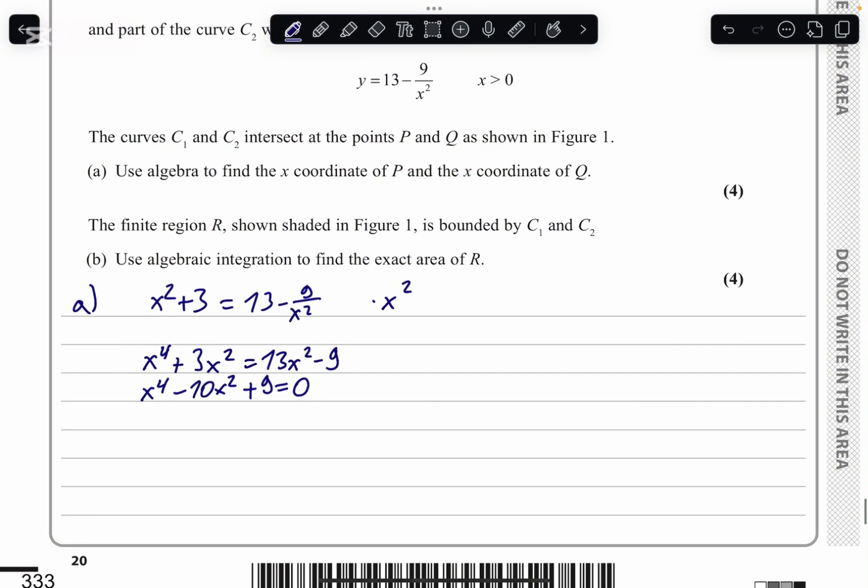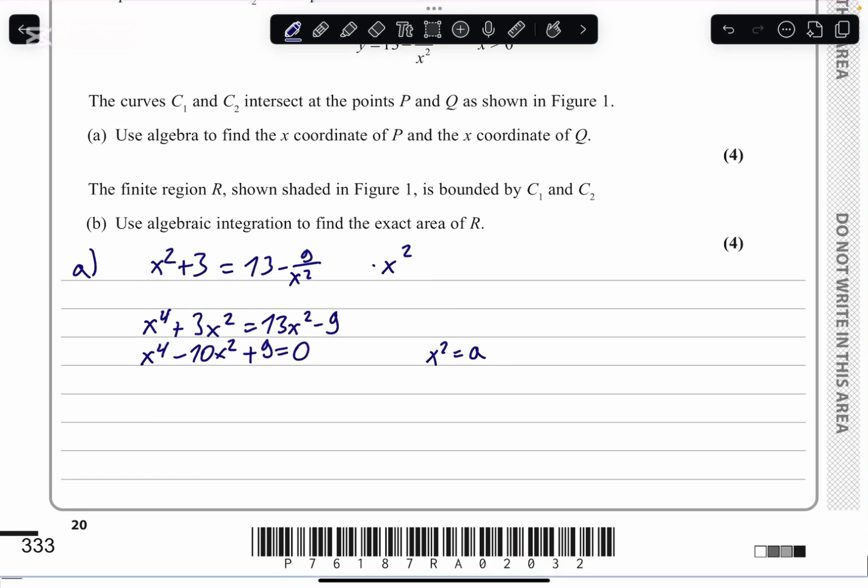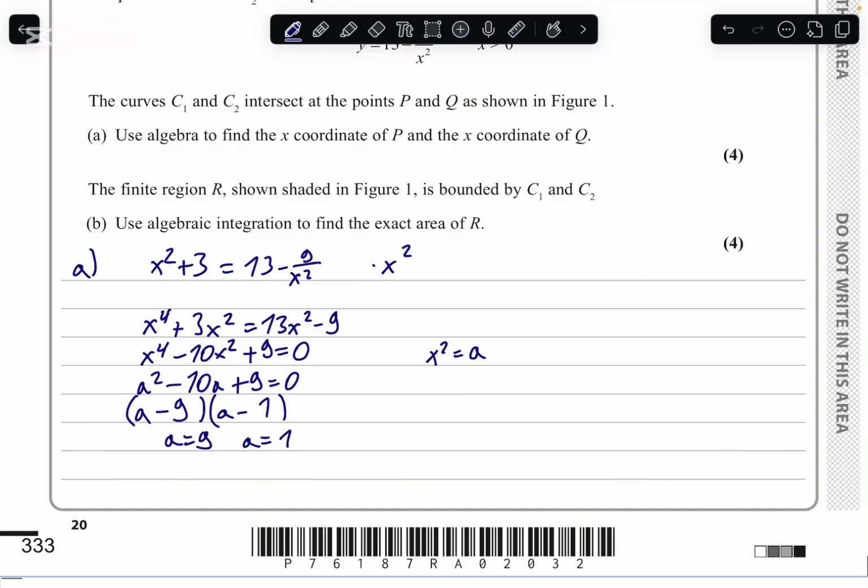If we say that x squared is equal to a, because this is a hidden quadratic equation, we can say that a squared minus 10a plus 9 equals 0. And we can easily factorise it: a minus 9, a minus 1. So a is equal to 9 and a is equal to 1.